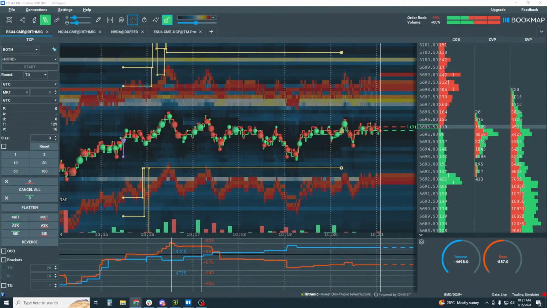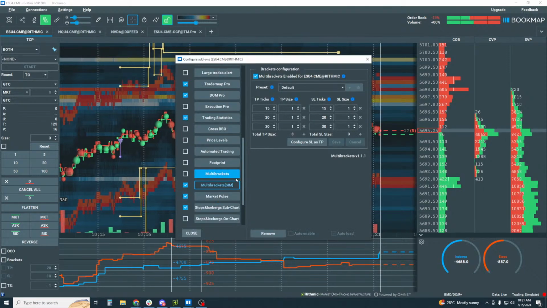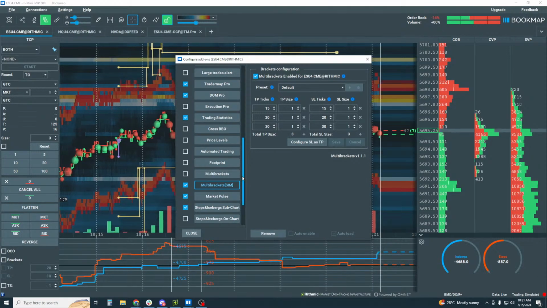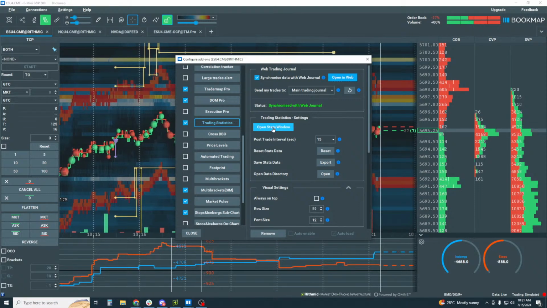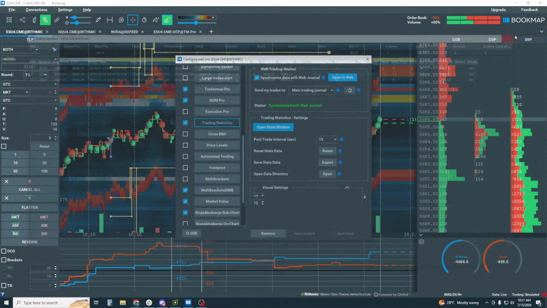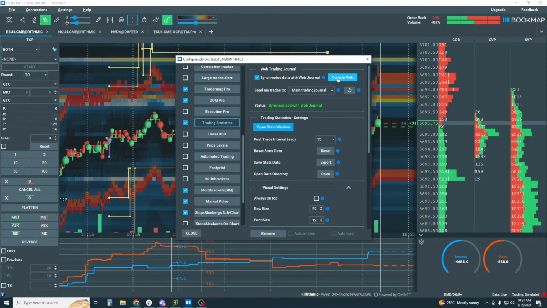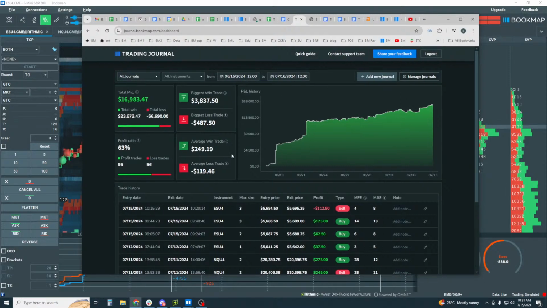Anyway, guys, if you're interested in the trading statistics, you'll need to have that on right here, and you can open up your trade stat window here and take a look at your trades. But the beauty of this is we can open up the web journal, which gives us more insight.